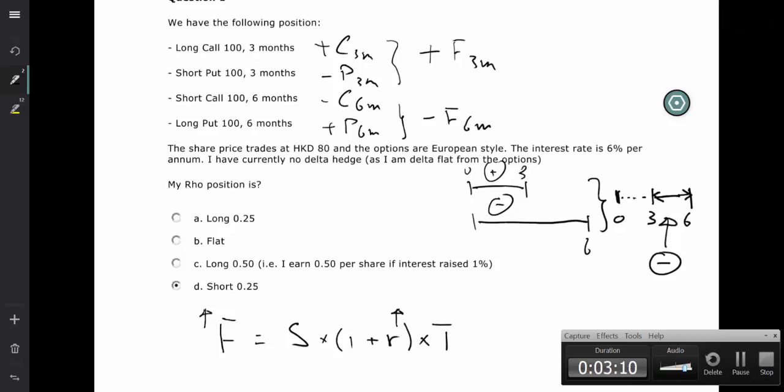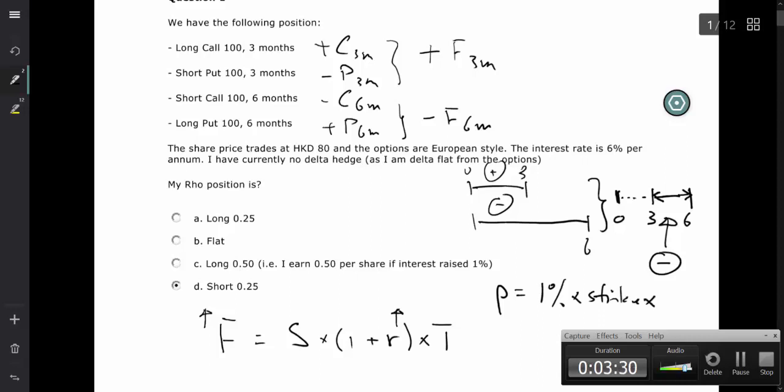Well, it depends, because you are short just for 3 months. The definition of rho is 1% times the strike times the time period, the t here, which happens to be a quarter, because it's 3 months.